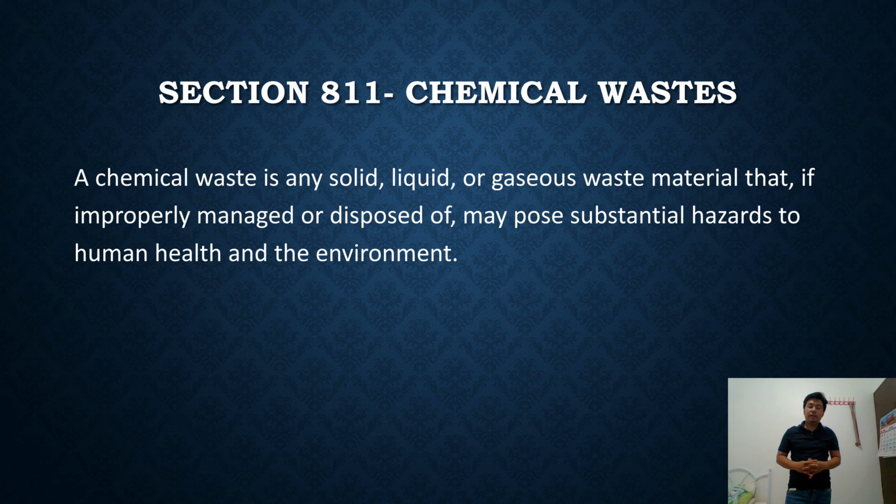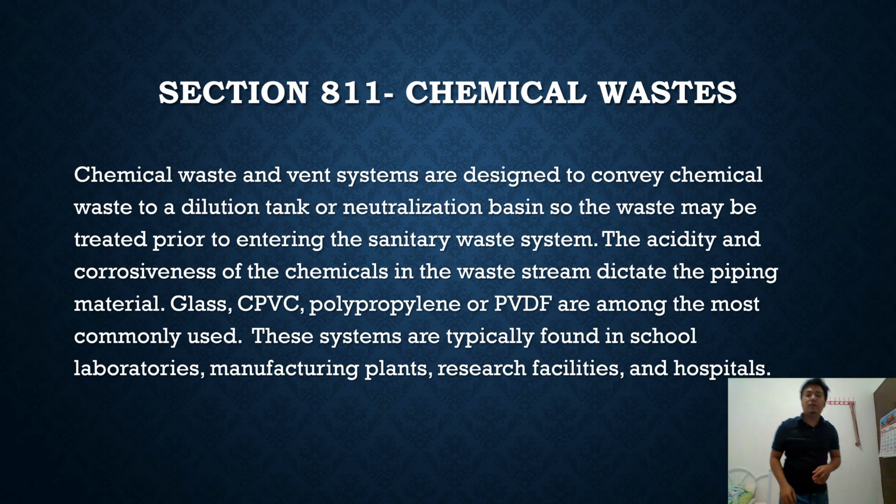Section 811, chemical waste. A chemical waste is any solid, liquid, or gaseous waste material that, if improperly managed or disposed of, may pose substantial hazard to human health and the environment. Chemical waste and vent systems are designed to convey chemical waste to a dilution tank or neutralizing basin so the waste may be treated prior to entering the sanitary waste system.